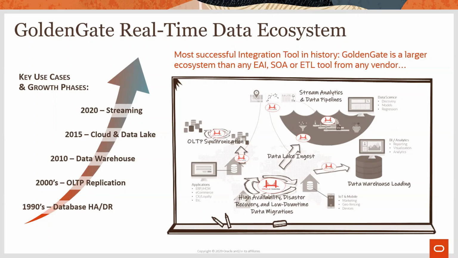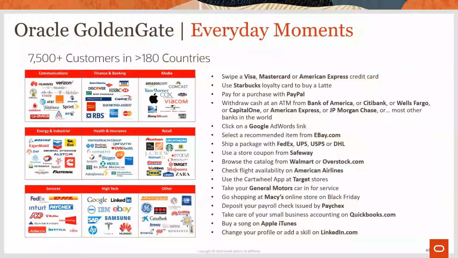And that really defines for us this huge ecosystem of GoldenGate globally with more than 7,000 customers in 180 countries. One of the most popular enterprise integration tools in history. And hopefully this makes sense to you, why that's the case. And then I'll just wrap up by saying, we're battle tested in these huge customer deployments, with performance unmatched by anybody else in the industry.